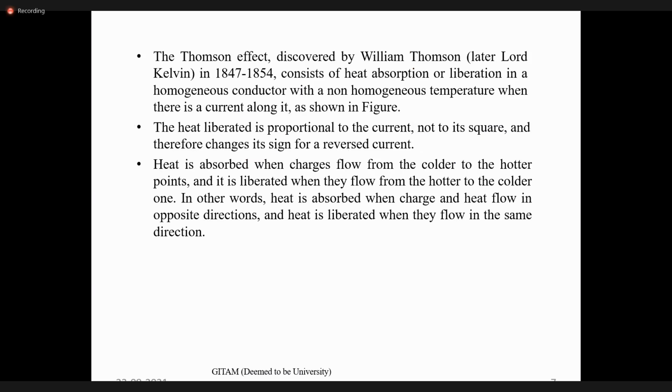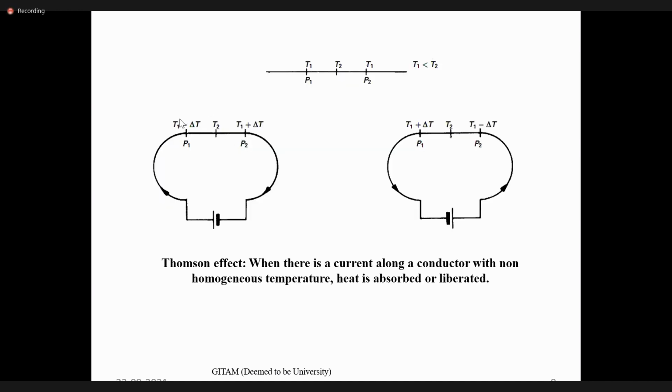The heat liberated is proportional to the current, not its square, and therefore changes its sign for reversal of current. Heat is absorbed when charges flow from the colder to the hotter points. So here we have the cold point and this is the hot point.